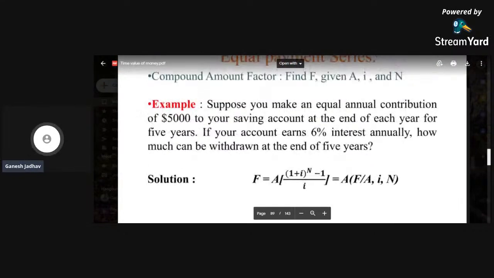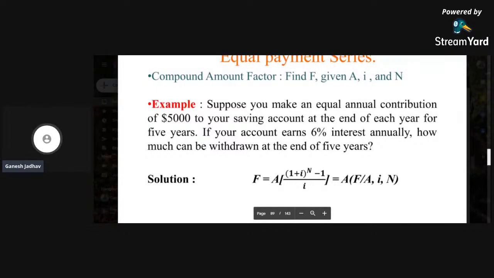What is the example? Suppose you make an equal annual contribution of $5,000 to your savings account at the end of each year for 5 years. What is the value of N? The value of N is equal to 5.